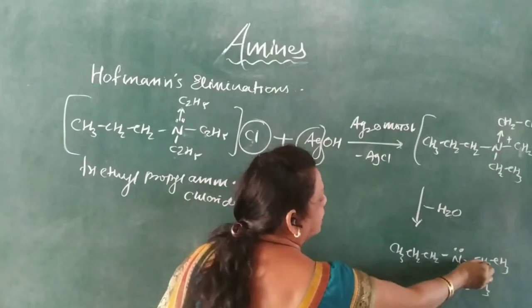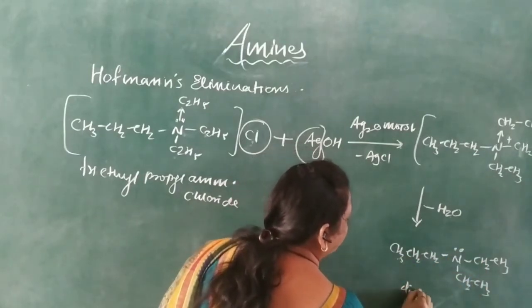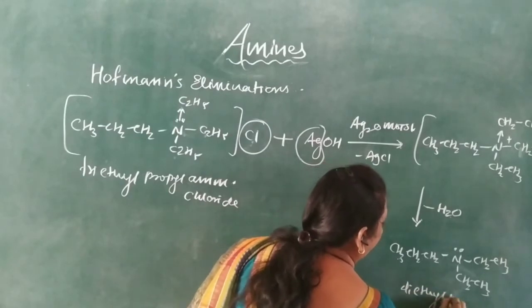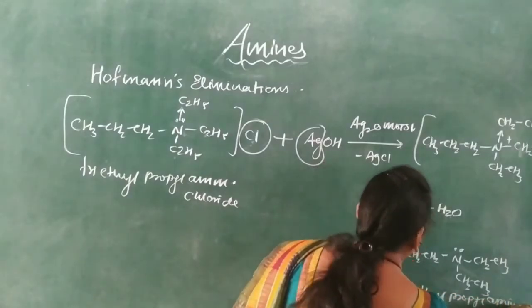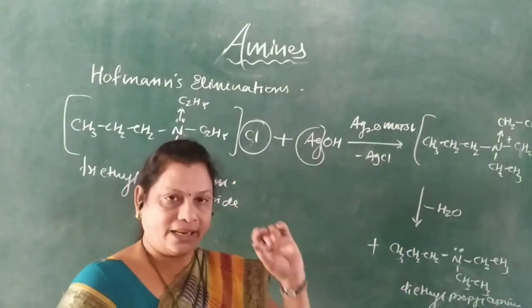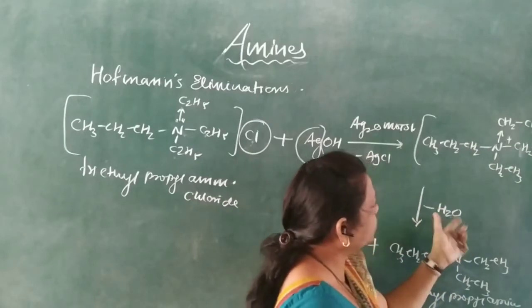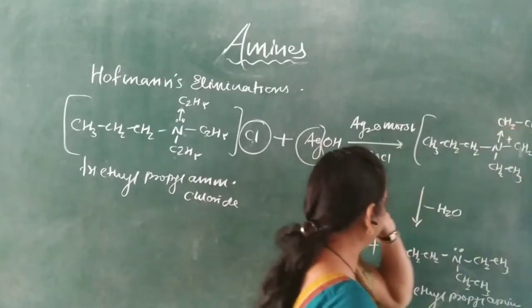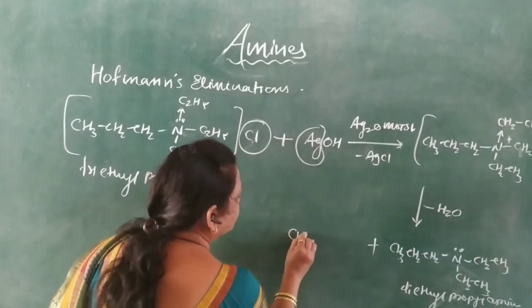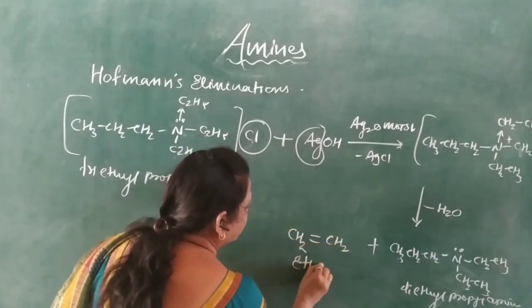So this is diethyl propyl amine. And the main product is the alkene: H combines with OH to form H2O, which gets eliminated, and the CH2 and CH2 combine to form CH2 double bond CH2, giving ethene.